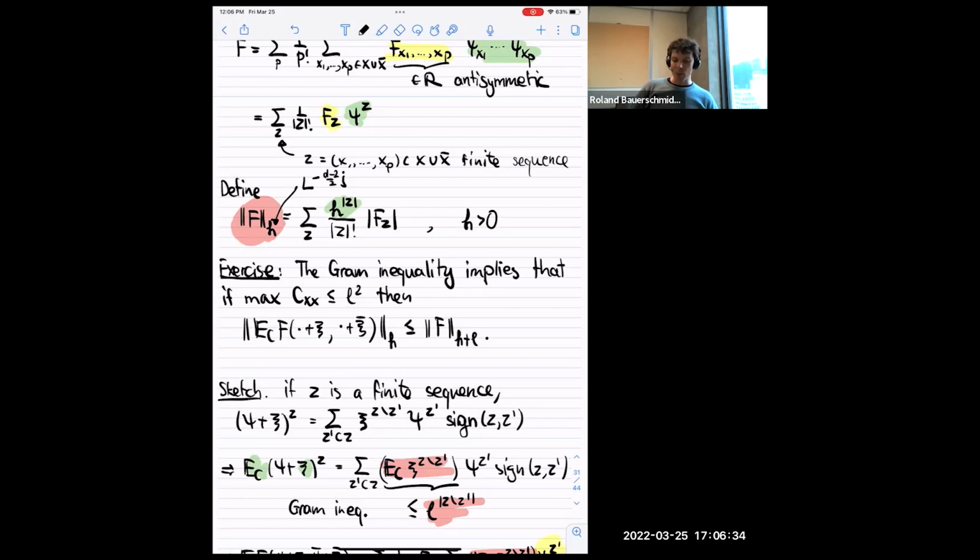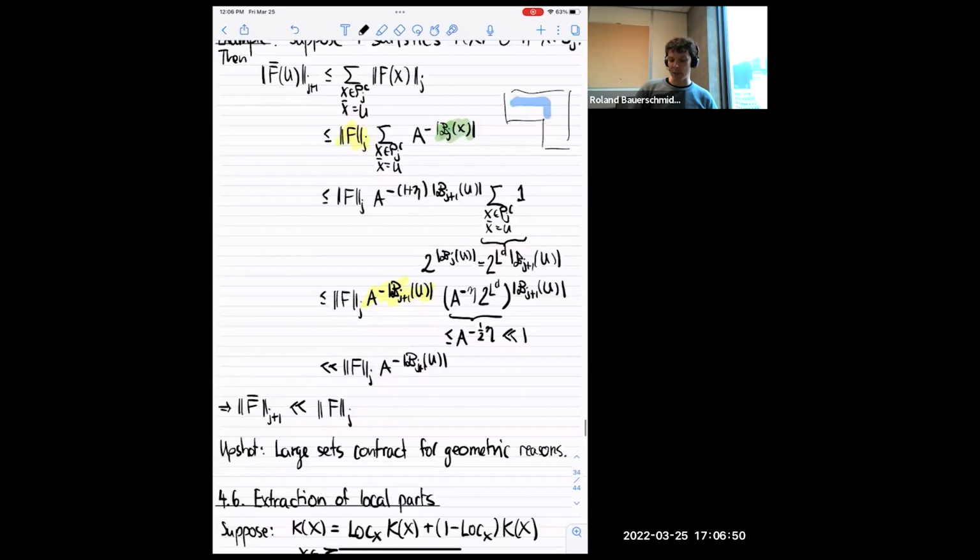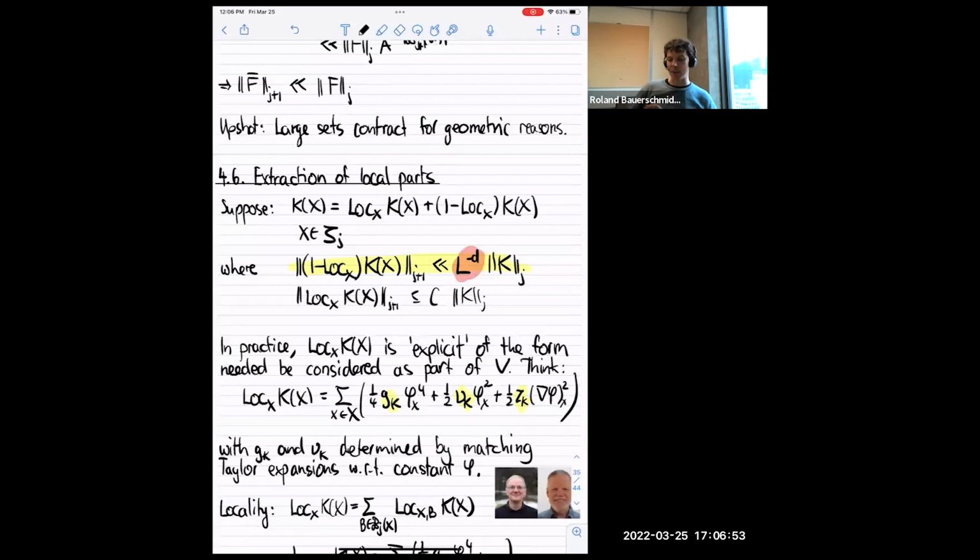Roughly speaking, when you do the Taylor approximation and you subtract the 4th order part, you'll have a bunch of these L to the minus j factors left, and you subtract enough so that you get an L to the minus D. That's roughly why you keep a 4th order term and nothing higher, because that's enough to get an L to the minus D error. That's roughly how it works.